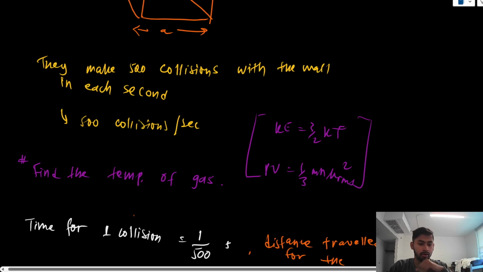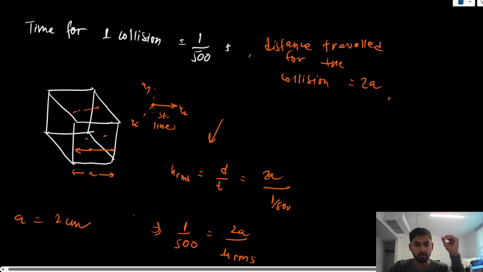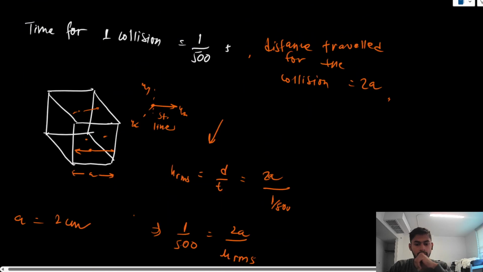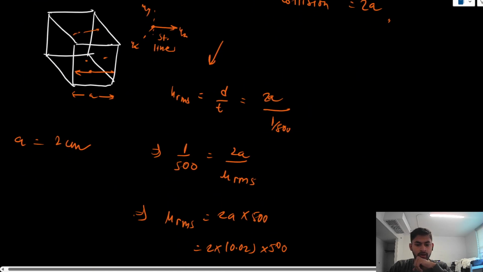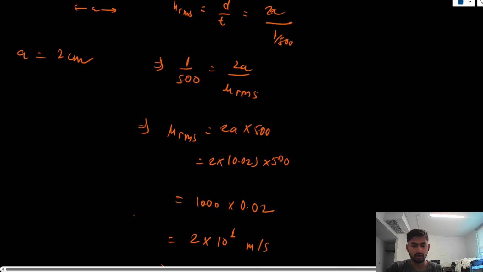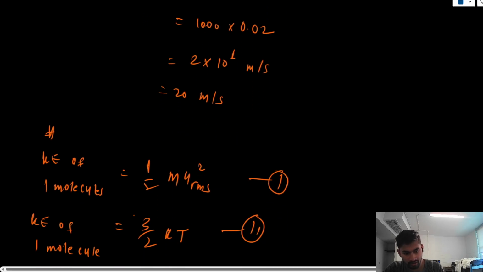With the given postulate, and given the fact that we are computing for one molecule, we computed URMS, where velocity is equal to distance by time, and using that equation the URMS value is 20 meters per second.